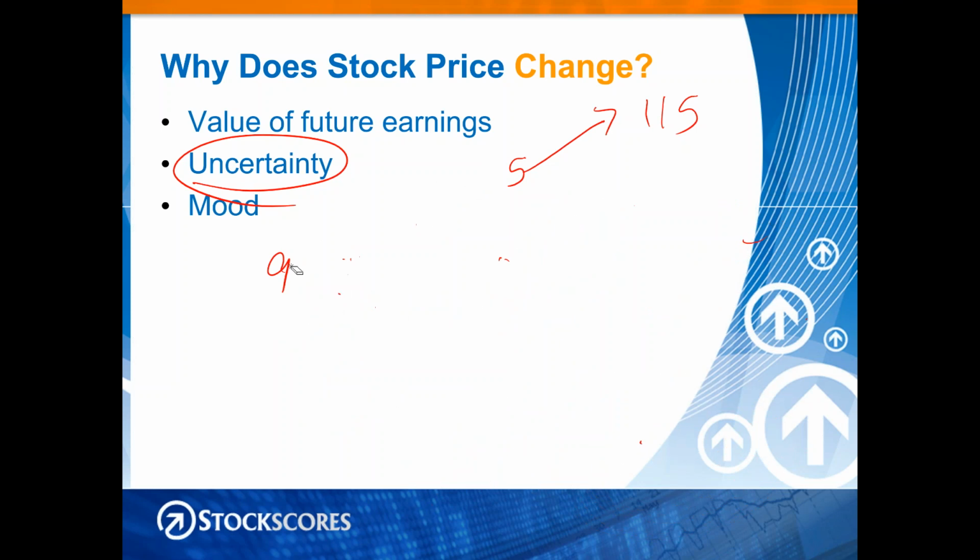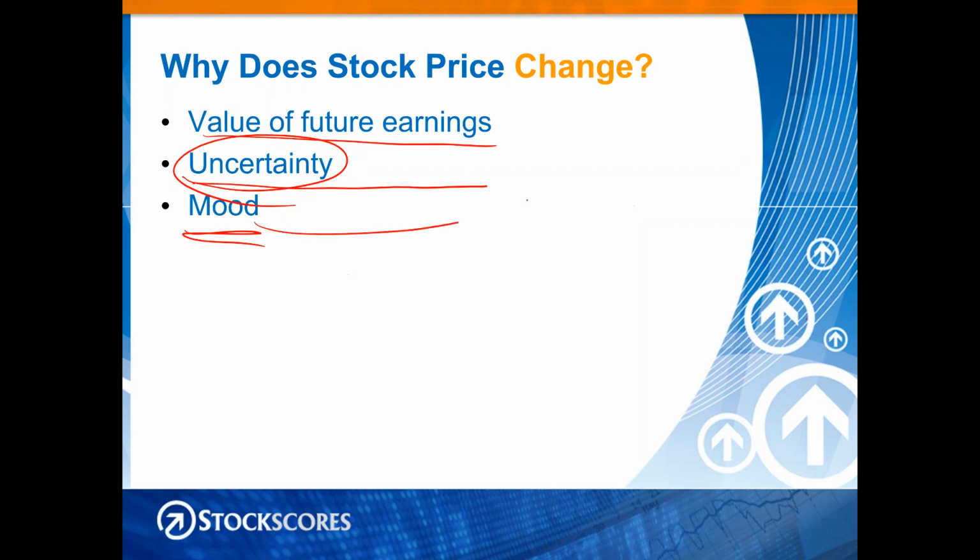Now the last thing I want to talk about in this point is mood. Because if we believe that companies will move up based on the value of future earnings, and we recognize that there is uncertainty in what that value is, we have to also recognize that the mood of the market has a huge effect on how we evaluate the earnings potential.